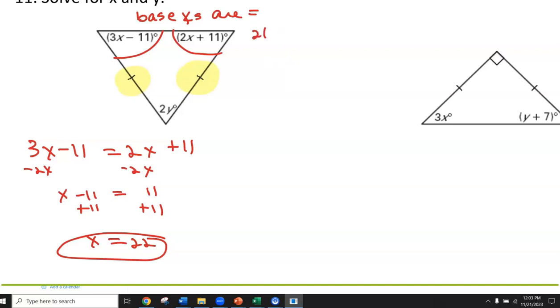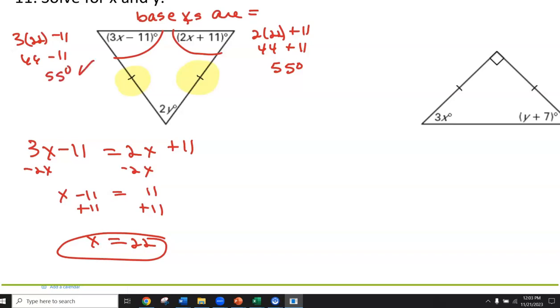So 2 times 22 plus 11. So that's 44 plus 11 is 55 degrees. Okay, let's check the other one. What's 3 times 22? So 3 times 22 minus 11, that's 66, minus 11 is 55.